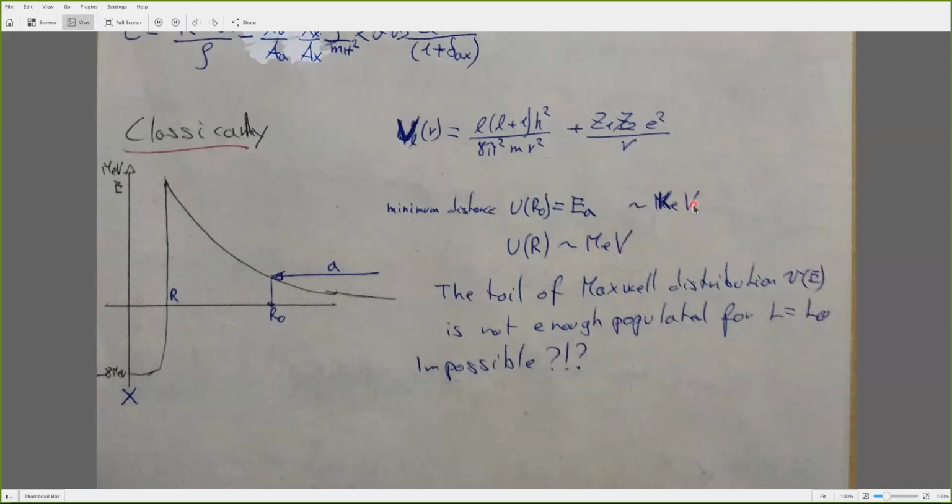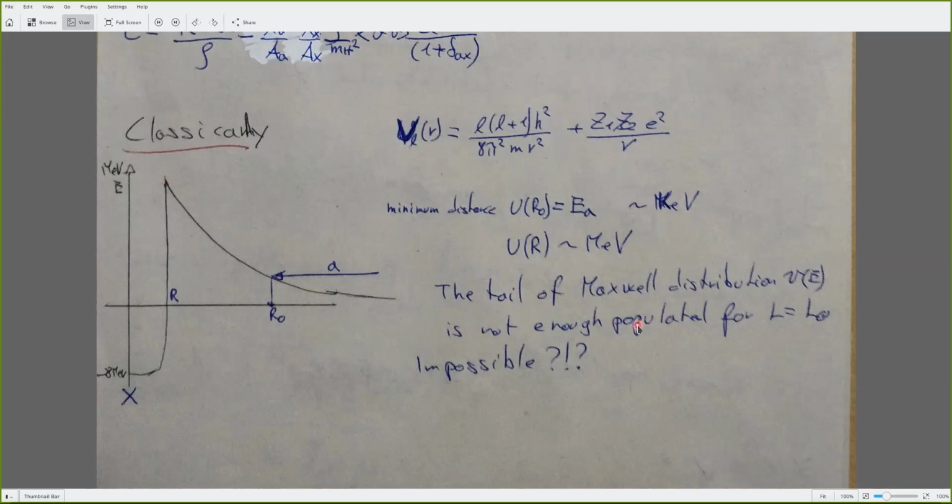This means that it is several thousand times the typical energy of the peak of the velocity distribution. It means that only the far tail of the Maxwell distribution can have enough energetic particles to pass the barrier.